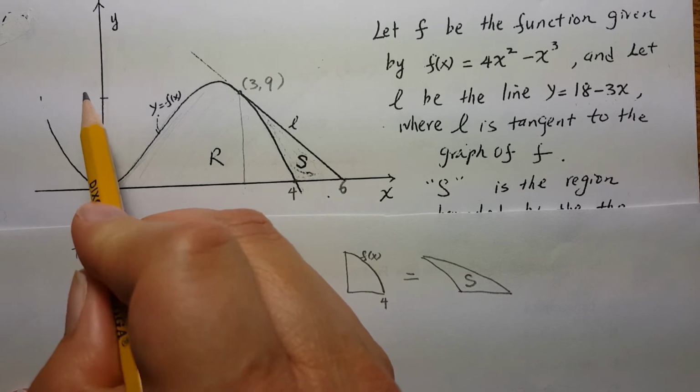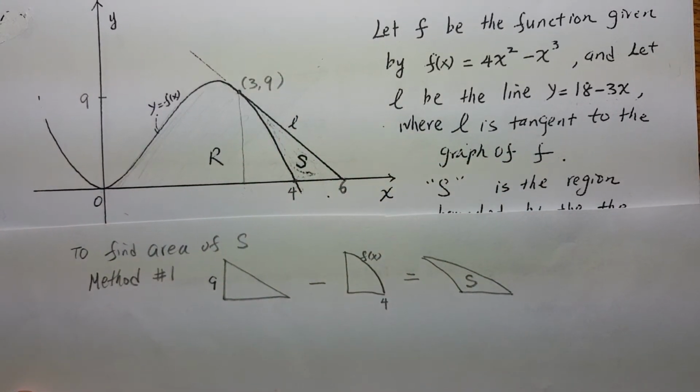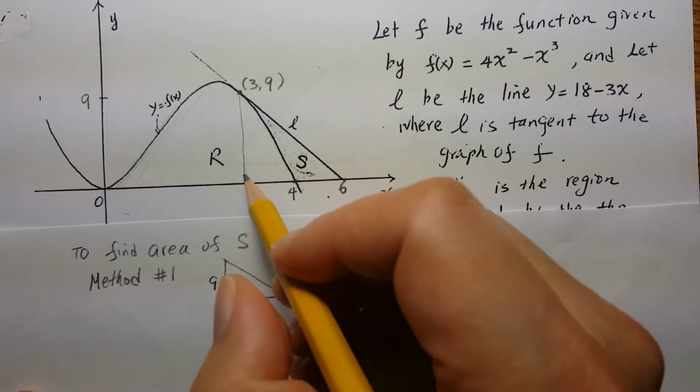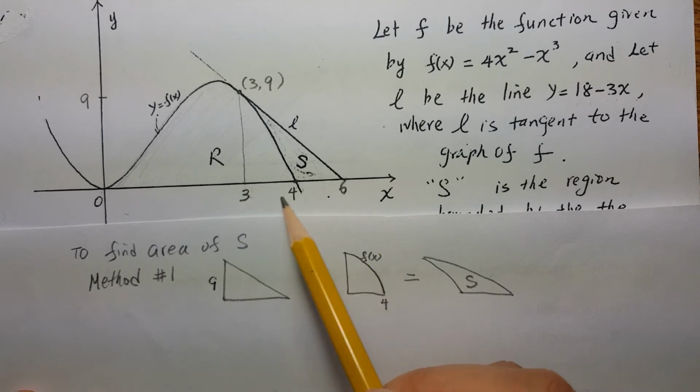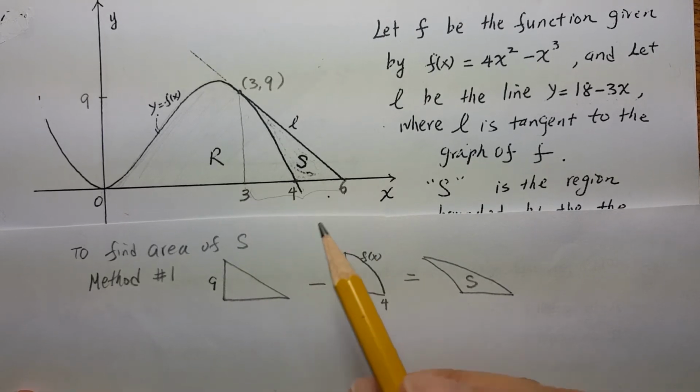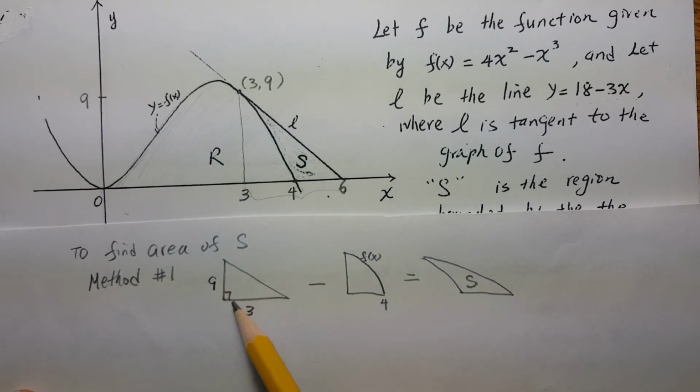So this is 9. So I had my height is 9, and then this is x equal to 3. So from 3 to 6, I get 3 units. So that means my triangle has the base equal 3 and the height equal 9.